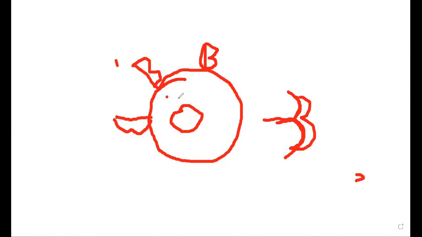On the periphery of the runner we have the buckets or vanes. These vanes are of hemispherical bowl type, and this dividing part of the bowl is known as the splitter. Water impinges on this splitter and is divided into two parts. Water goes in this direction and water goes in this direction.